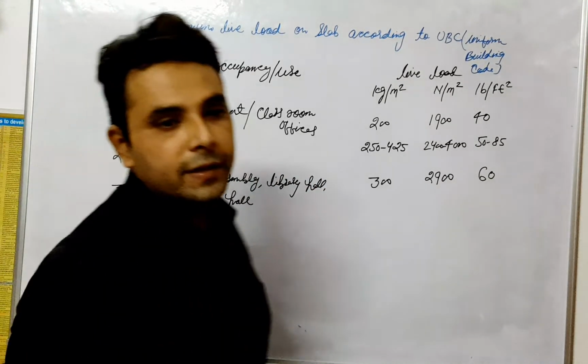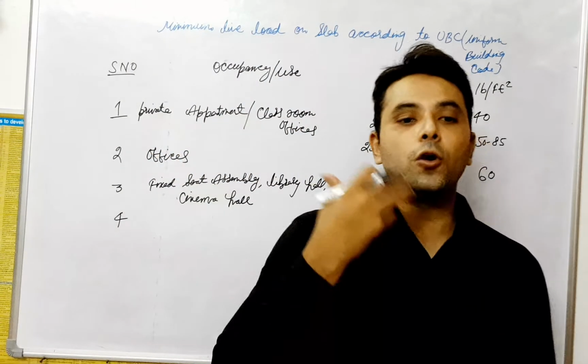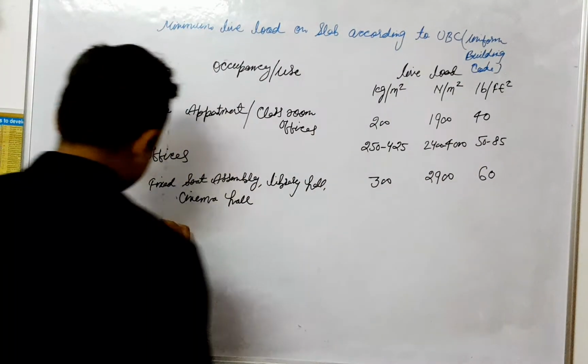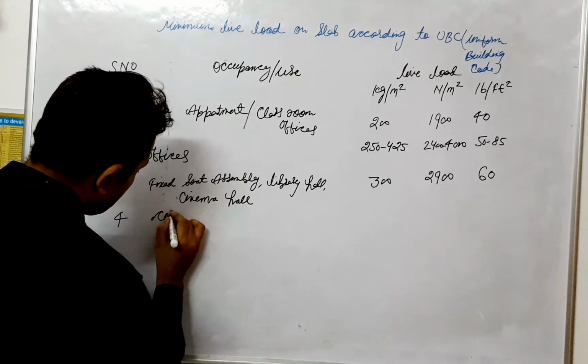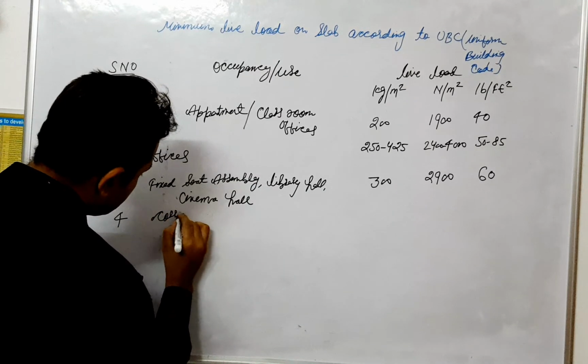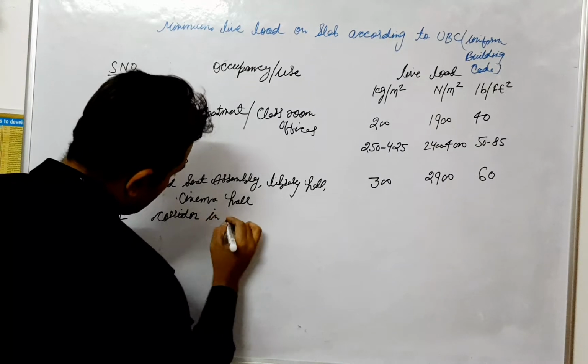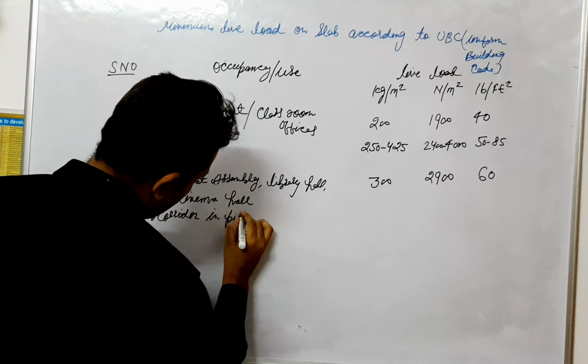Fourth one is, suppose you are going to design any corridor in public building.